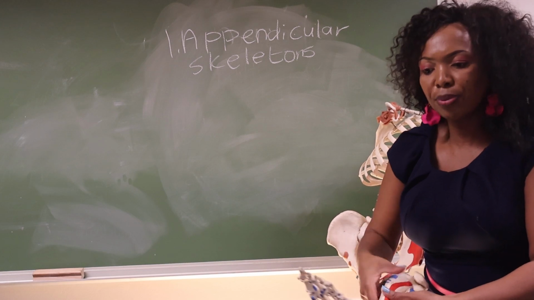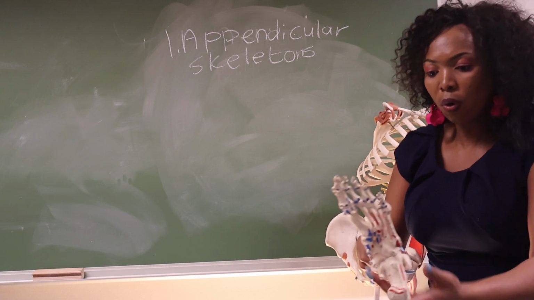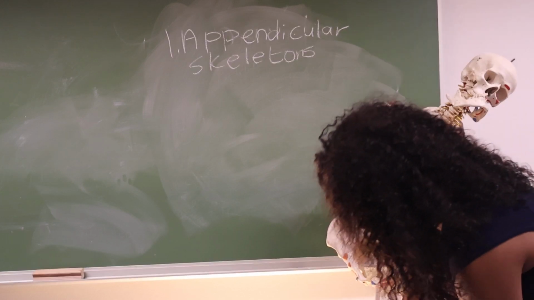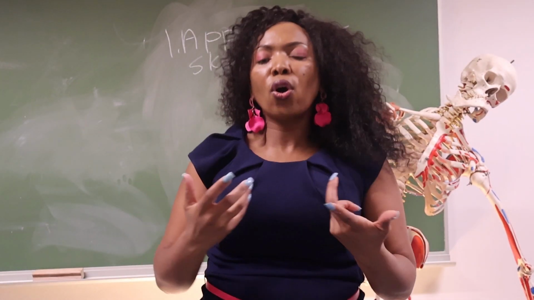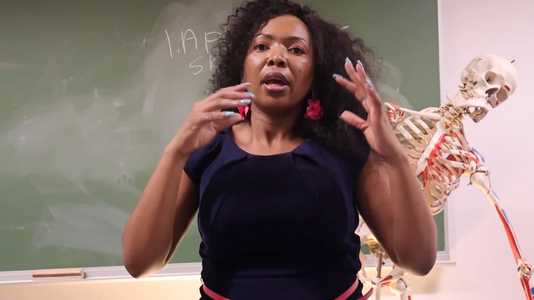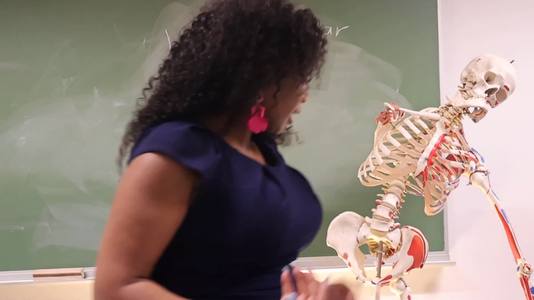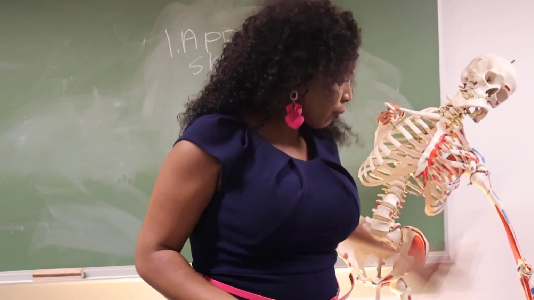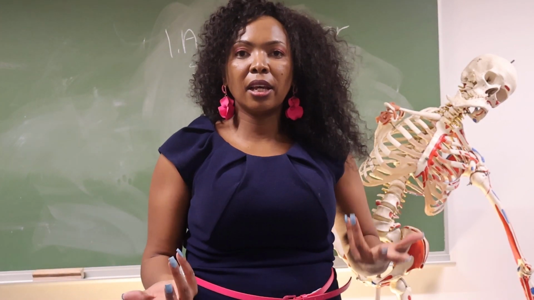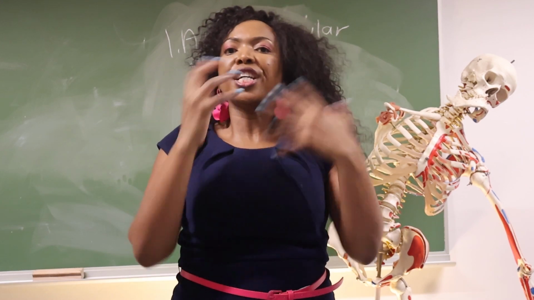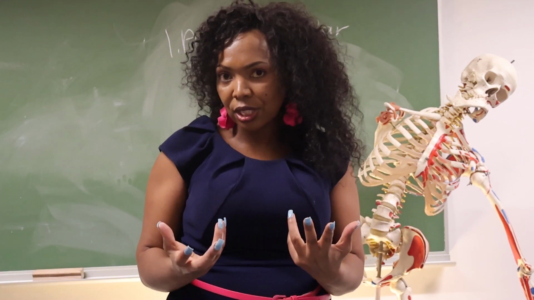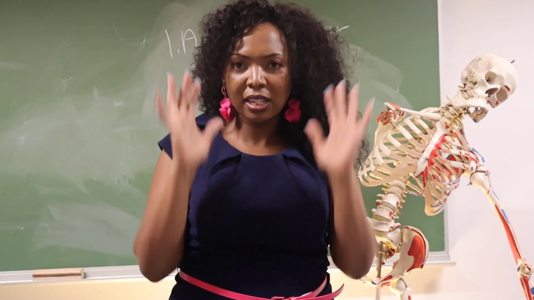This is the tibia, and this is your foot. So, all the limbs fall under the appendicular skeleton. And because all the limbs fall under the appendicular skeleton, it means its function is mainly for movement, for action.